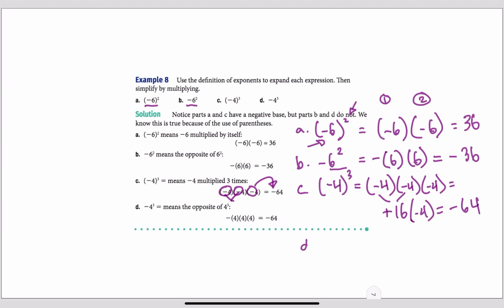Now let's look at part D, negative 4 cubed. Now here, the negative is at the level of subtraction. It is not included in the base. The base applies to only the 4 unless the parentheses show us otherwise. So this is negative 4 times 4 times 4.